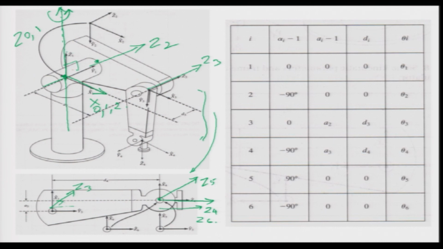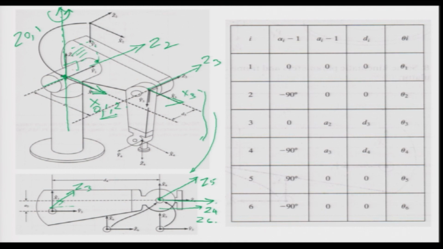So if you look at the plane, this is Z1 and that is Z2. So this is the plane where the Z's are intersecting. So the X axis is going to be perpendicular to this plane containing the Z's, and hence X2 is this side. Now because X2 is this side, X0, X1, X2 we can put it together, okay, just for simplicity. What about X3? X3 we can put it in this direction, okay, that is my X3.